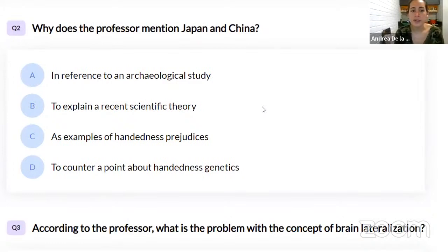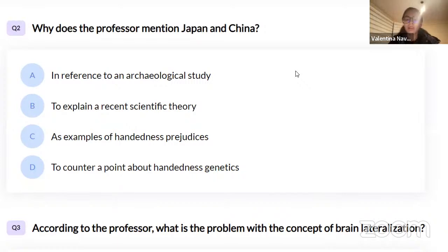Now, question number 2 says, why does the professor mention Japan and China? What would you guys say? Okay, Ricardo says C, Maria Rene says C. Henry says C. Evelyn, Valentina, what would you guys think?